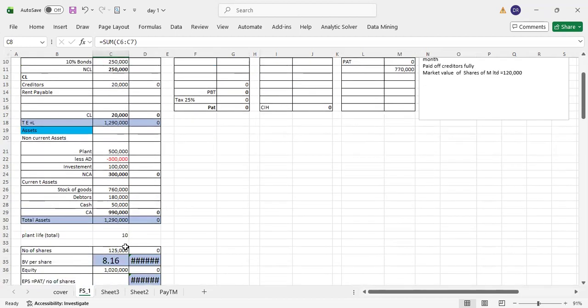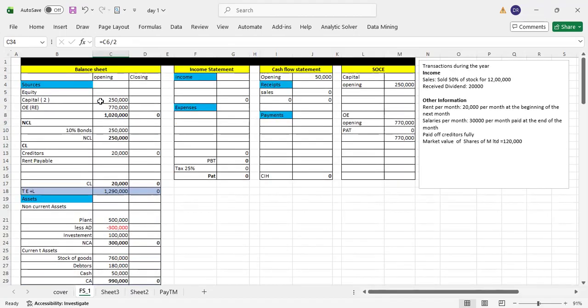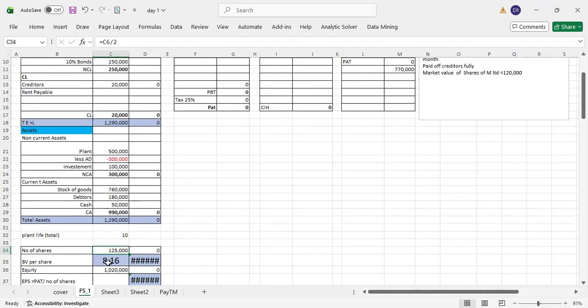And the number of shares is 125,000 because the capital is 250,000 and the face value is 2. So the number of shares is capital divided by the face value per share. So observe that the book value per share is 8.16. That means if the company is closed today and the market value of assets is equal to the book value, then each shareholder will get 8 rupees 16 paisa per share.